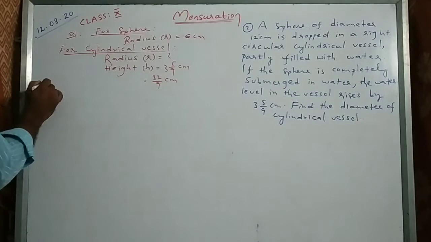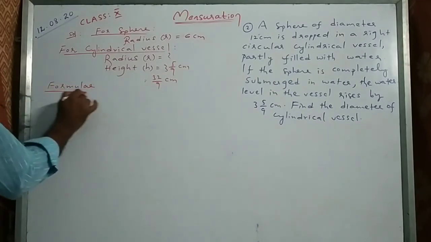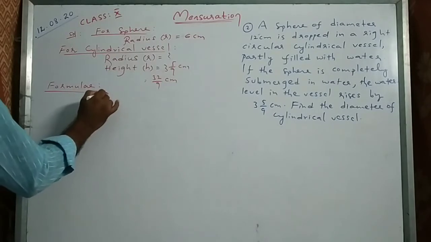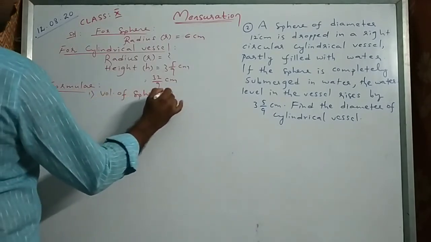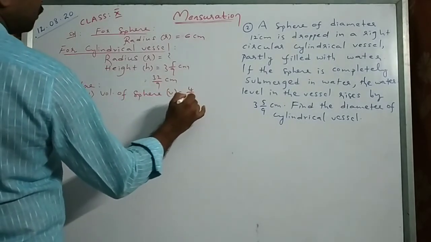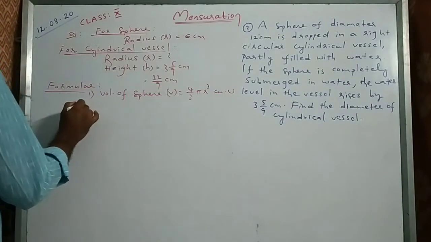Okay. So what are the formulas we are going to use? First one is volume of sphere equal to 4 by 3 pi r cube, cubic units.